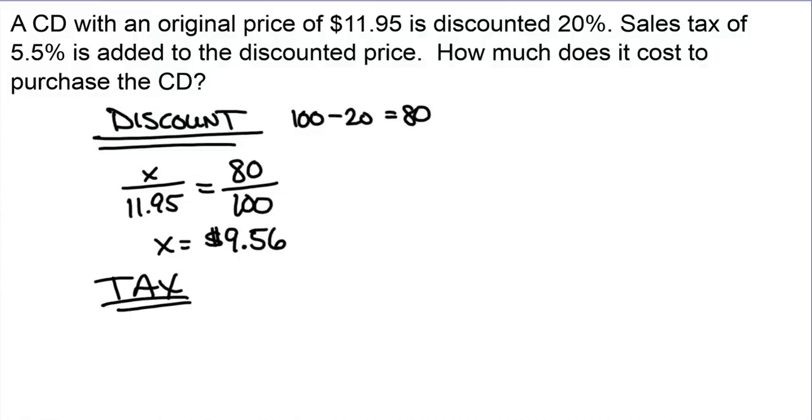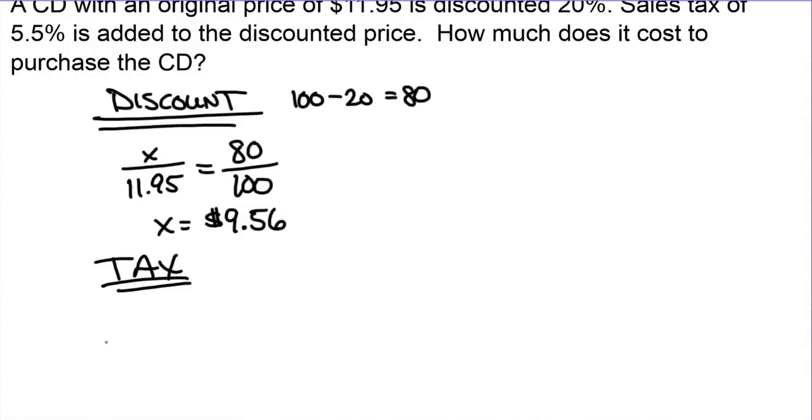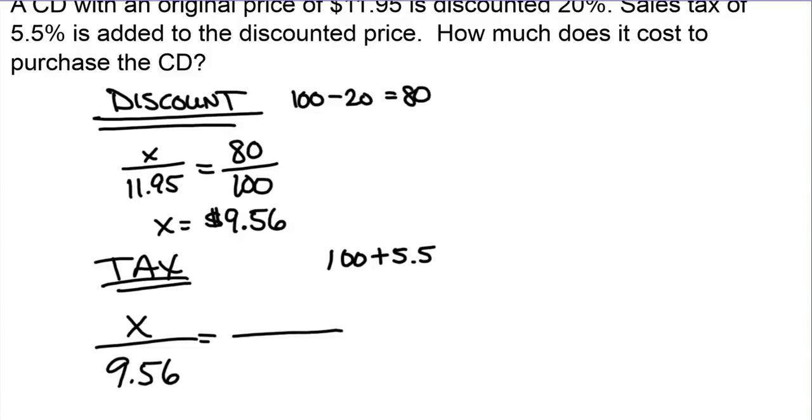And again, I'm going to do this method 2. So it's a 5.5% tax, and now my price is $9.56. What is the sale price going to be after a 5.5% increase? So I'm going to now add 5.5% onto my whole price, which would give me 105.5% of the original price.